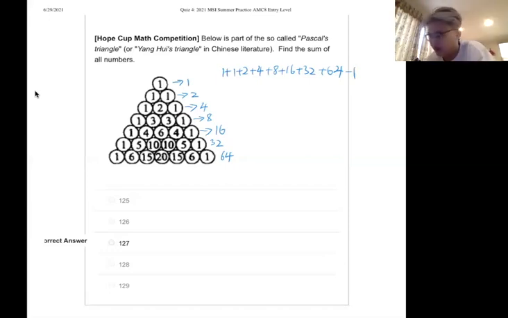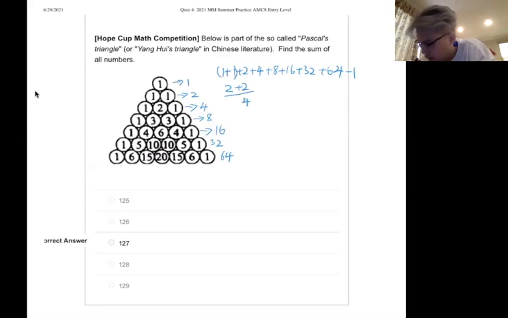But by adding 1 to the beginning, when we do the calculation, we do 1 plus 1 first, and we get 2. And next step, we can do 2 plus 2, and that will give us 4.